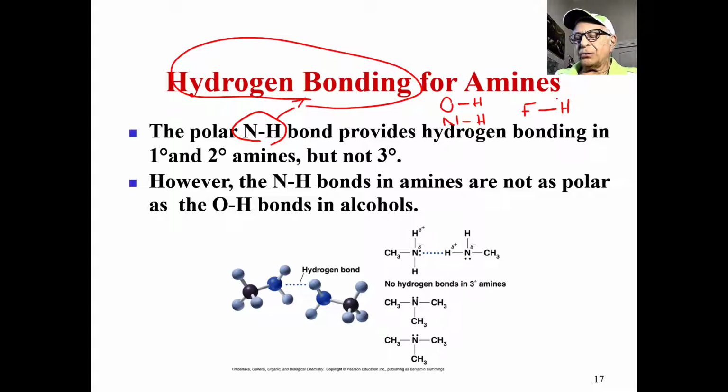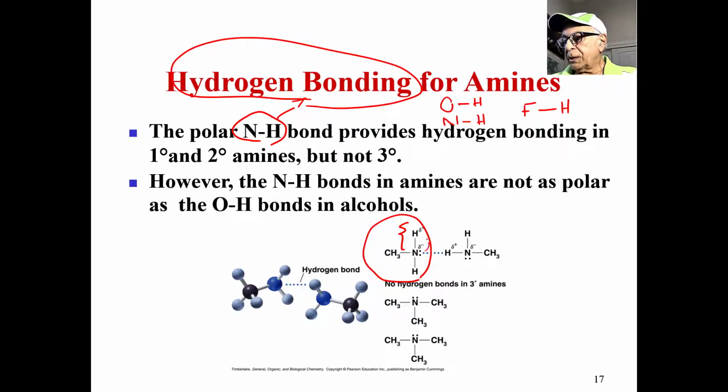Hydrogen appearing on these atoms is capable of making hydrogen bonding. Now, what is hydrogen bonding? It's really dipole-dipole attraction, but it's a stronger form of dipole-dipole attraction. So let's take a look at methylamine. Do you see this bond? The bond between hydrogen and nitrogen is polar because nitrogen is more electronegative than hydrogen.